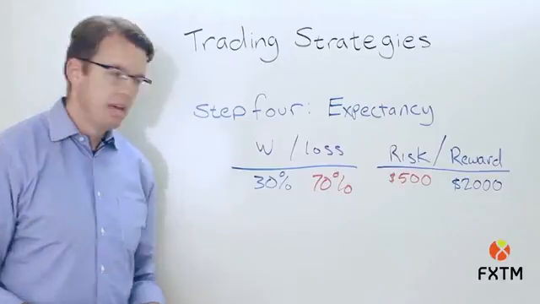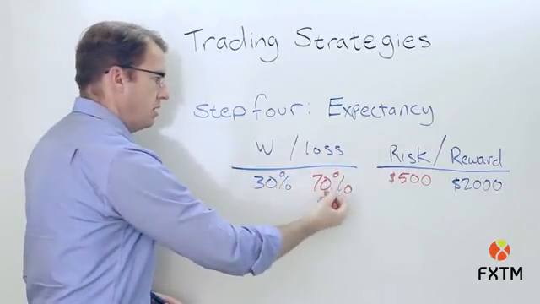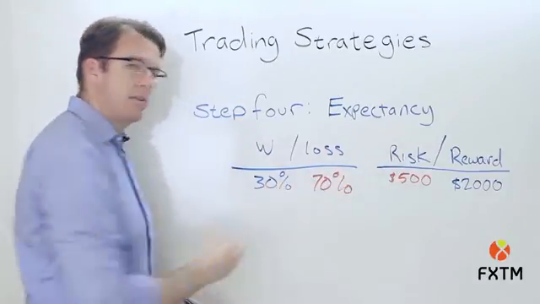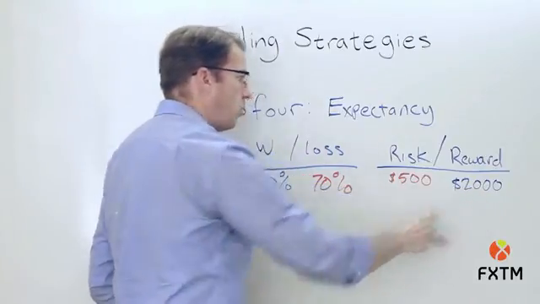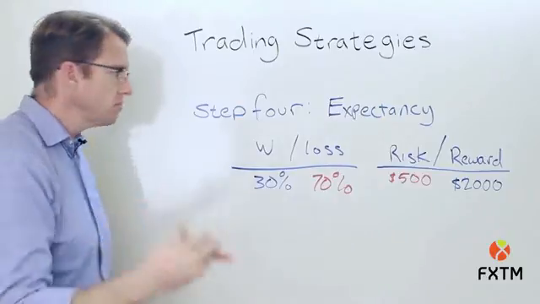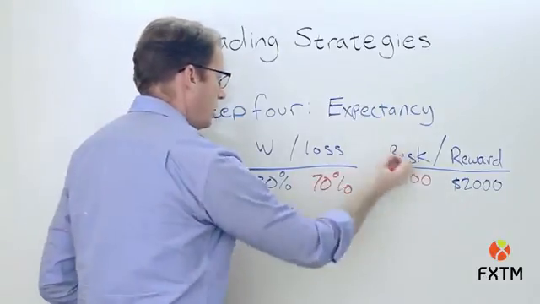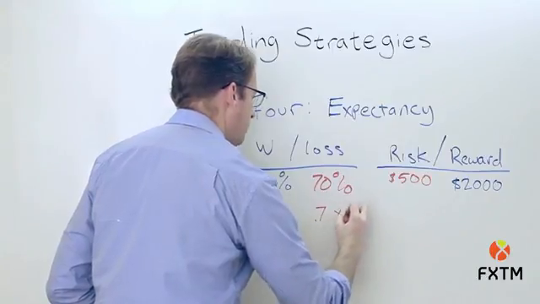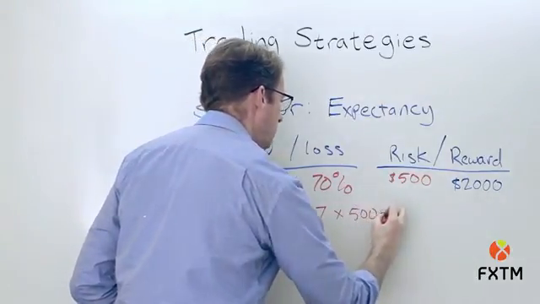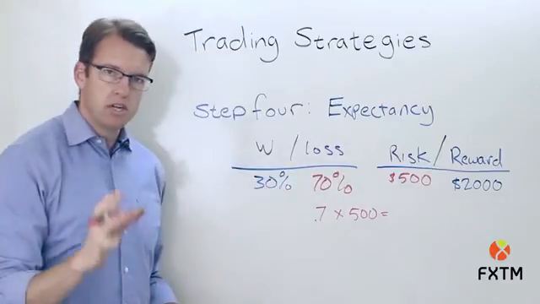The way that we do that is we multiply the potential loss by the amount at risk, and the potential for a winner by the amount of reward, and then we net those out. So let's do that. We'll do the loss and the risk first. The 0.7 for 70% times 500 gives us an average loss here.